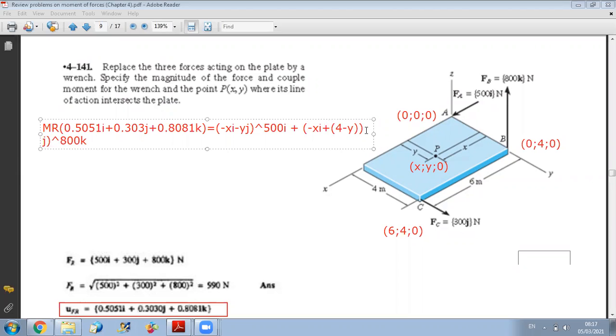And finally, for the final component, I have for FC plus PC vector. PC vector is 6 minus x along i, 4 minus y along j, vectorial FC, which is 300j.